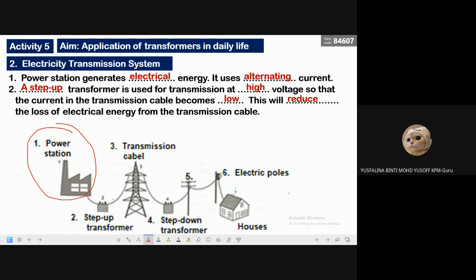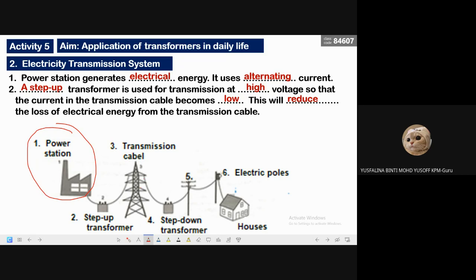Long wire means that we have a high resistance. So with high resistance you will lose a lot of energy there because you need to overcome the resistance. So that's why we use a step up at the transmission cable. So it can reduce the energy loss there.